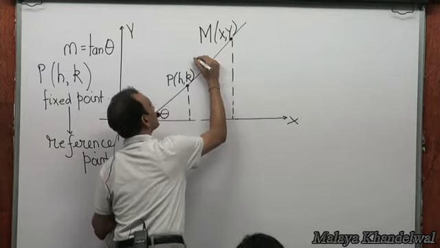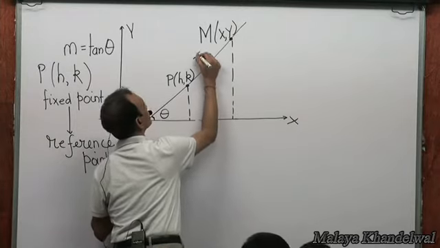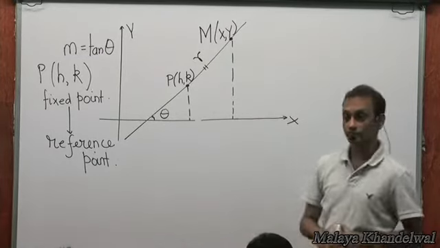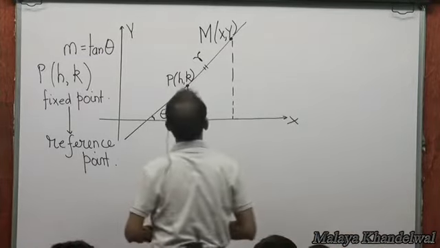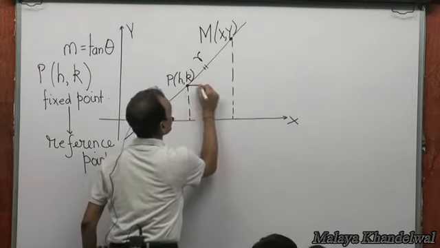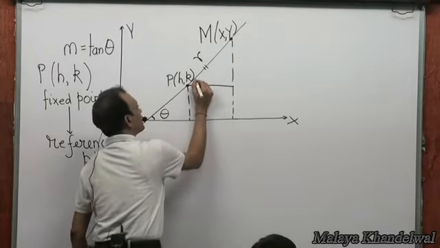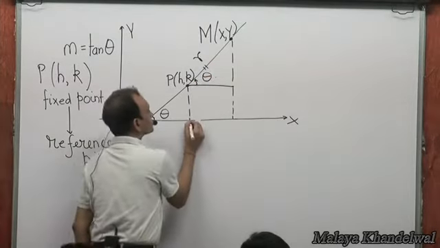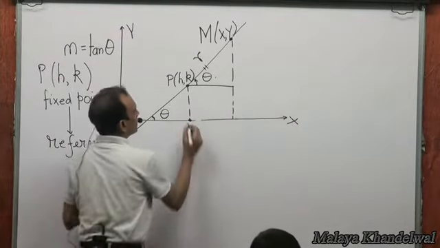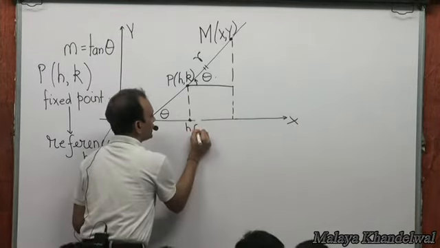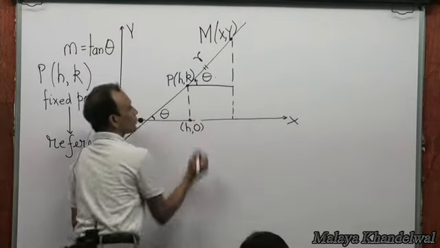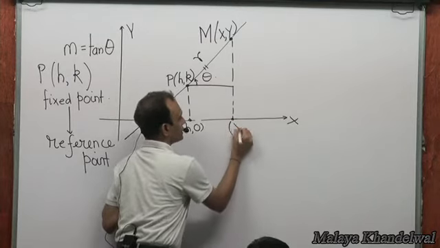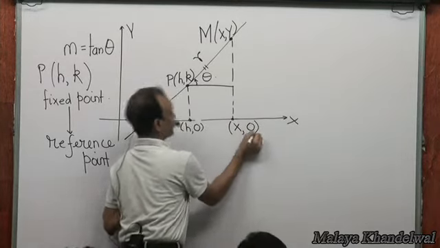Say this distance is r. What would this angle be? Theta. This point would have coordinates (h, 0), right? And this point would have coordinates (x, 0). Yes or no? Yes.